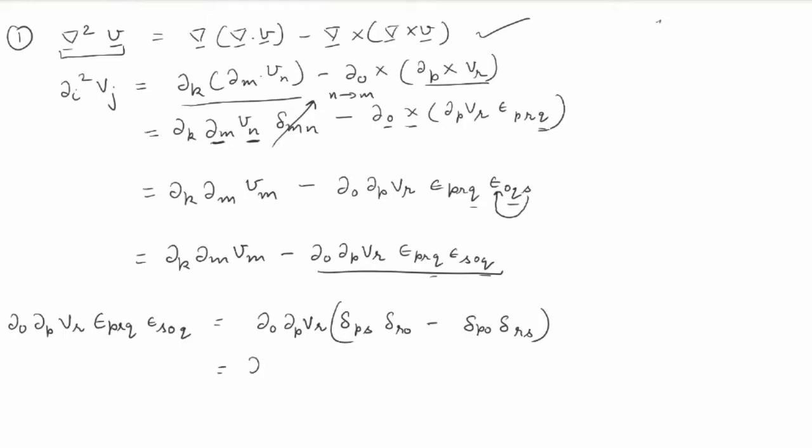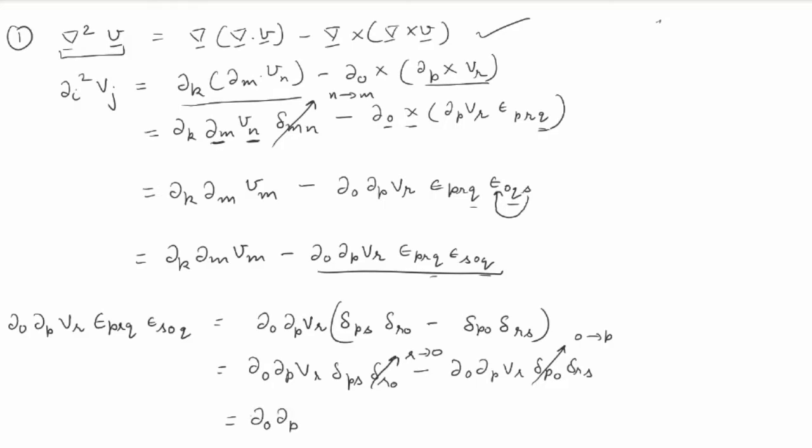Now we will bring ∂o ∂p vr δps δro minus ∂o ∂p vr δpo δrs. So now we can replace here r with o and here we can replace o with p. If we do that, what do we get? ∂o ∂p vo δps minus ∂p ∂p vr δrs.